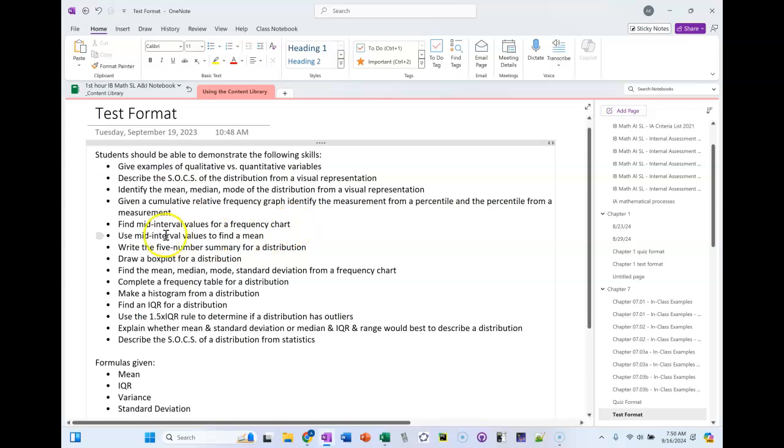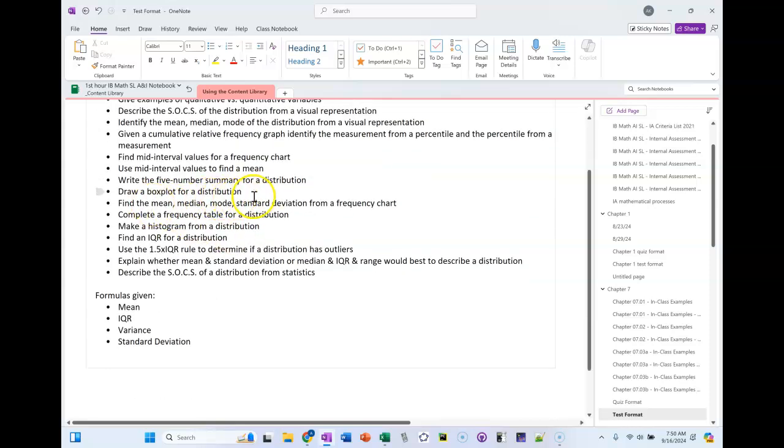Find mid-interval values, use them to find a mean, write the 5-number summary, draw a box plot, find the mean, median, and mode and standard deviation from a frequency chart, complete a frequency table from raw data, make a histogram, find IQRs, use the 1.5 times the IQR rule to determine if a distribution has outliers, and explain whether mean and standard deviation or median, IQR, and range would be the better set of statistics to describe a distribution.